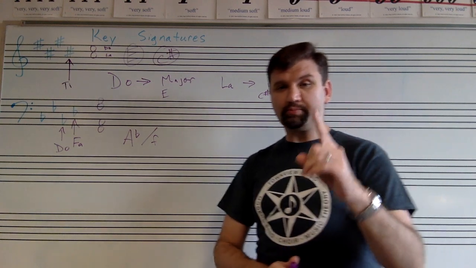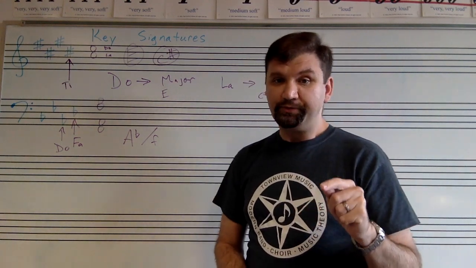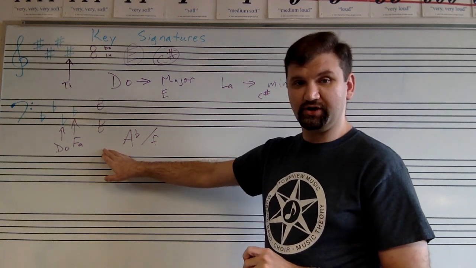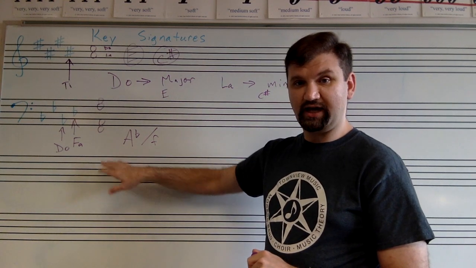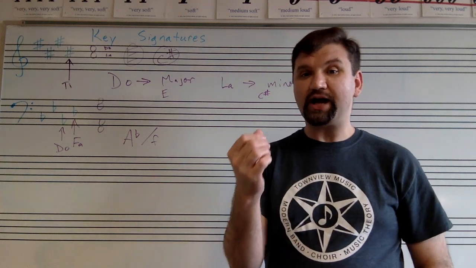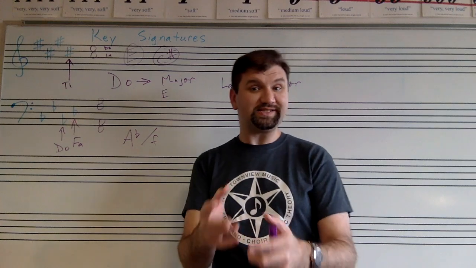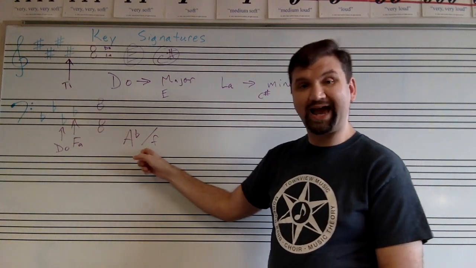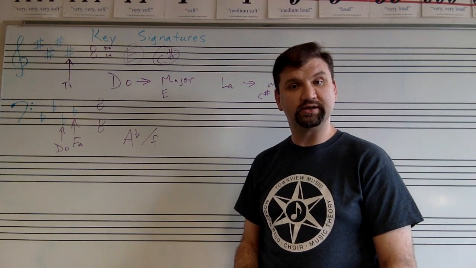There is just one important note to be made. You don't know what key this is, as far as what key the music is in, until you actually hear the music, or at least see the music. Because the same key signature can produce both major and minor music.